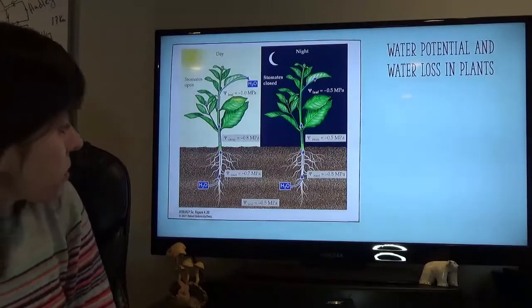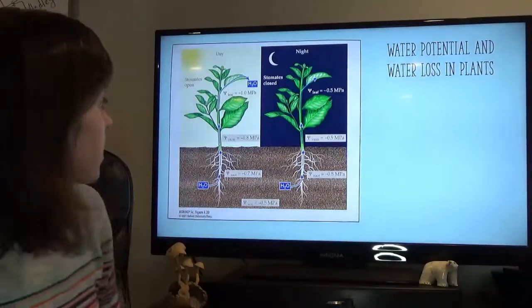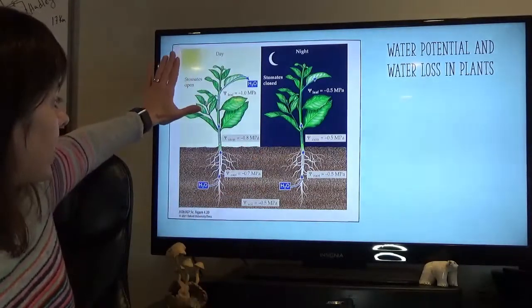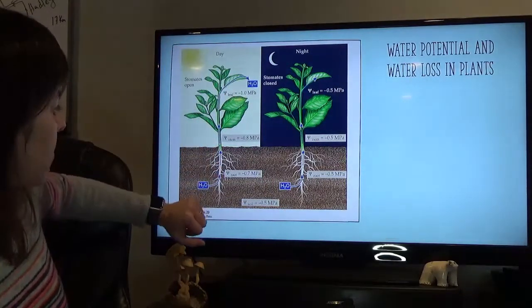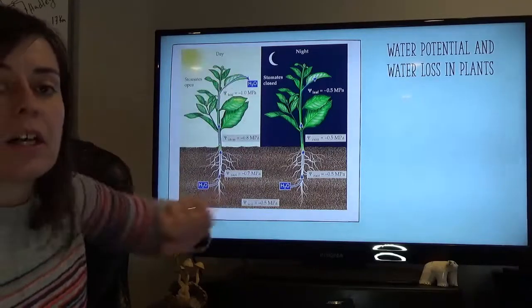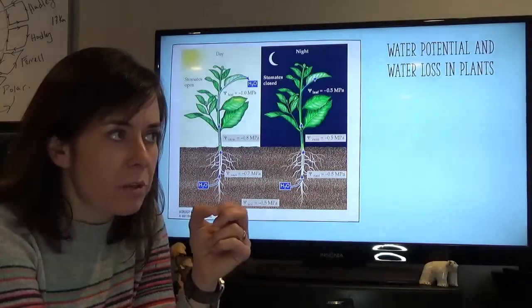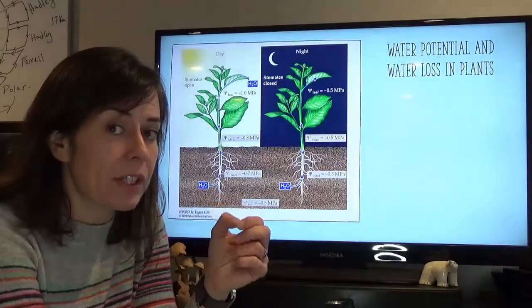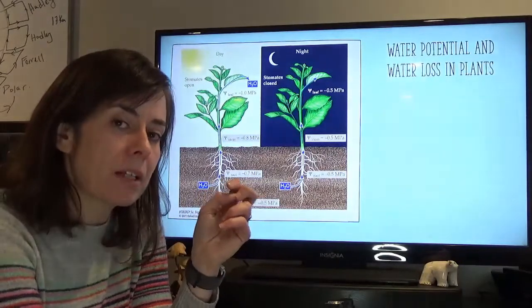Water potential is also really critical for thinking about how water moves through plants. So, the atmosphere, and they don't even have the value for the atmosphere out here. Okay, so this is not ideal. We should put this on here. The water potential of the atmosphere is about minus 100 megapascals.